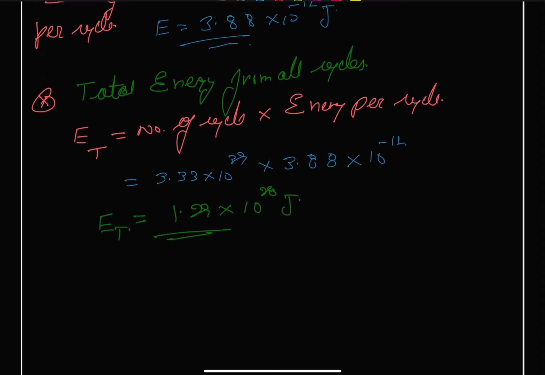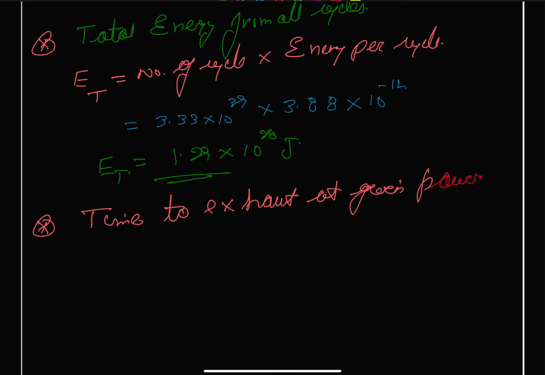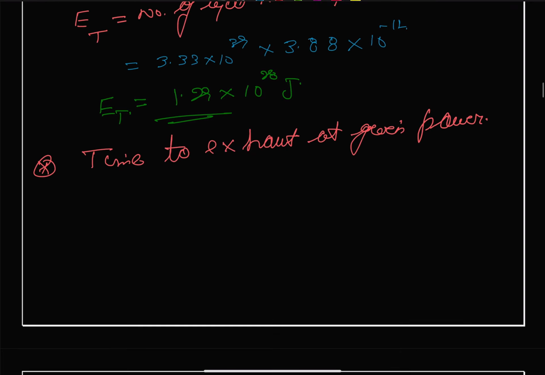Power is given to us, so we can say that the time to exhaust at given power, let us suppose that time is T, will be equal to total energy divided by power P. Total energy is 1.29 into 10 raised to power 28, and power P is 10 raised to power 16.